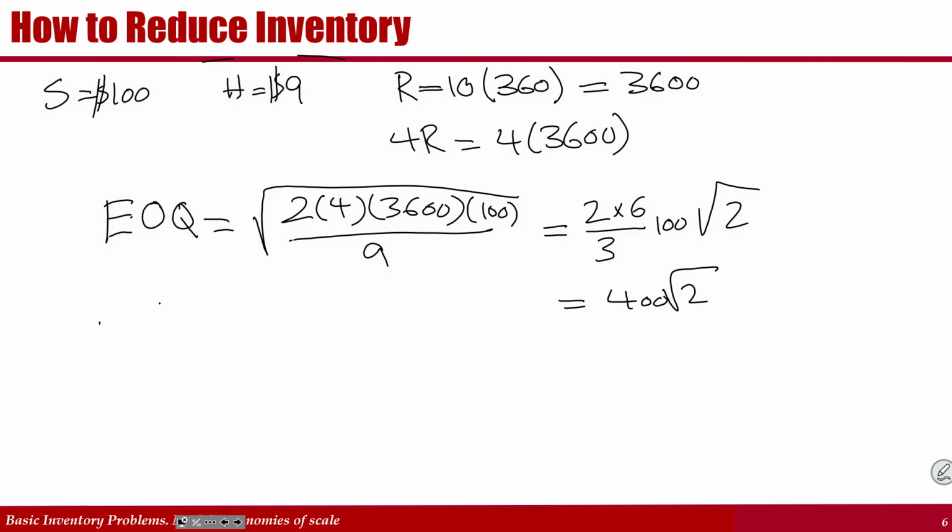And I think the square root of 2 is 1.41, multiplied by 400, and that would be the answer.